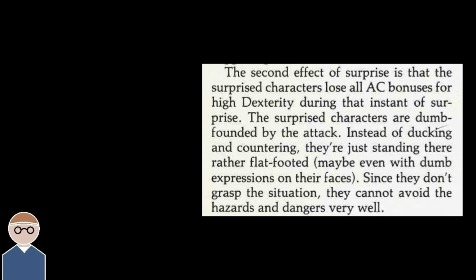Just keep in mind that most enemies don't have dexterity scores, so this would mostly affect the players and not most monsters. The last couple of points made in this section are that the surprising party can choose to flee during the surprise round, and that if both parties are surprised, the surprise basically cancels out.